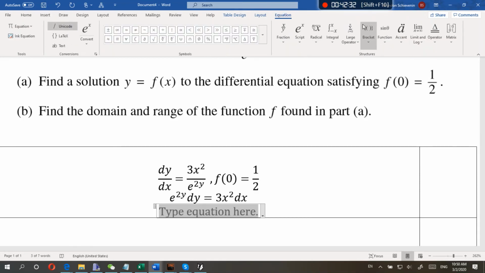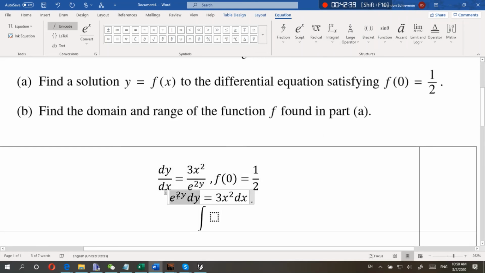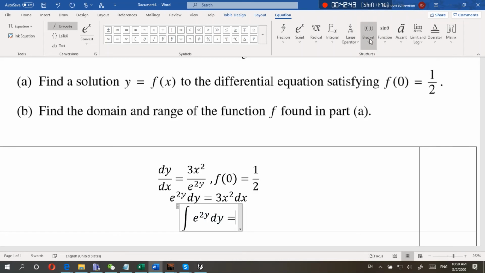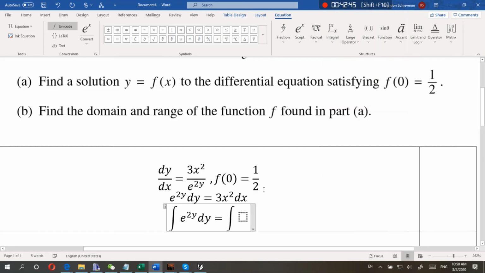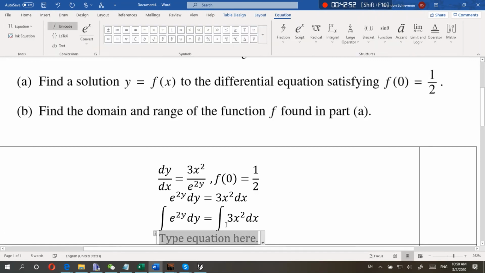That allows me to integrate directly. So if I integrate both sides, I'll have something that looks like this. What happens when I integrate the left side?